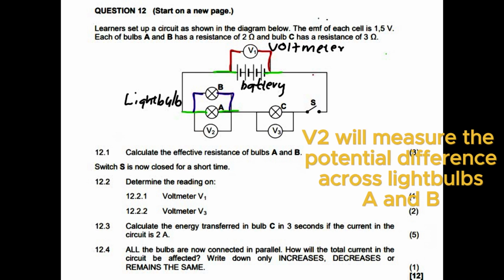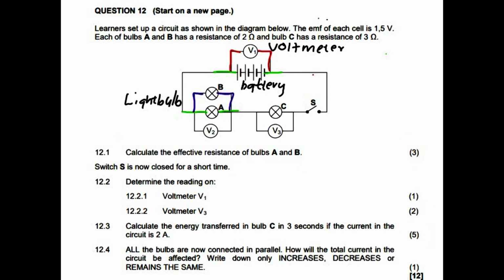So this voltmeter V2 will measure the potential difference of these light bulbs. And that potential difference V2, you see, is also connected in parallel. It is on a different branch or a different line, the blue line, than light bulb A or light bulb B. Circuit elements connected in parallel experience the same potential difference.